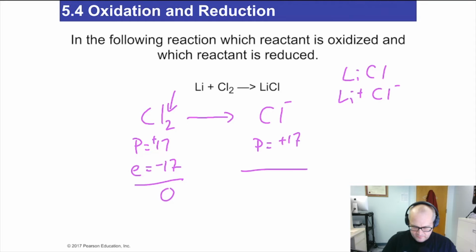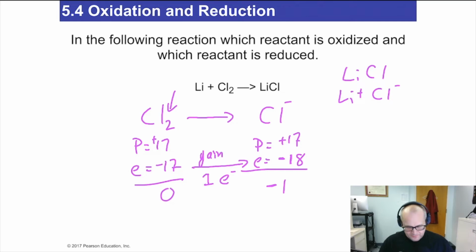Now over here, the charge is negative 1. So the electrons must be 18. That's the gain of 1 electron. Now, I get it. 18 is higher than 17, but how can that be a gain? I get it, it doesn't make sense.